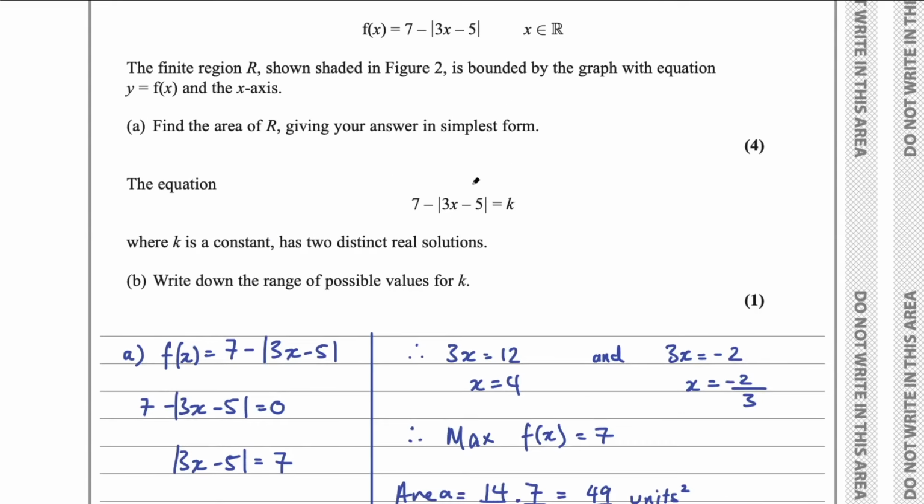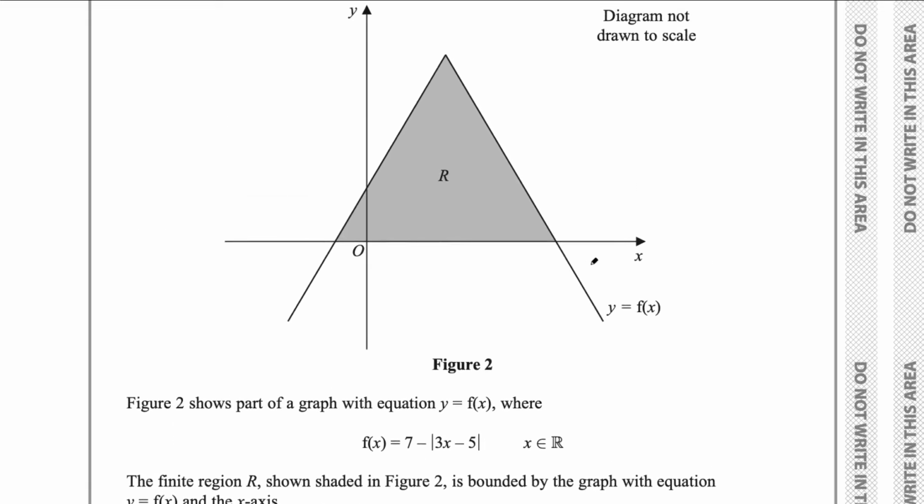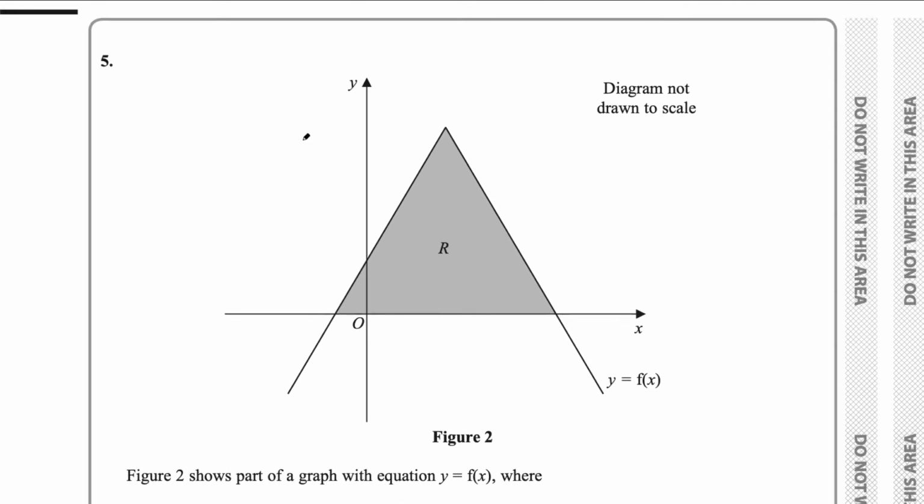Part B says the equation 7 take the absolute value 3x take 5 equals k, where k is a constant, has two distinct real roots. Write down the range of possible values for k. So for this one, we can interpret this graph. If we go anywhere above this graph here, this graph would not have any solutions.